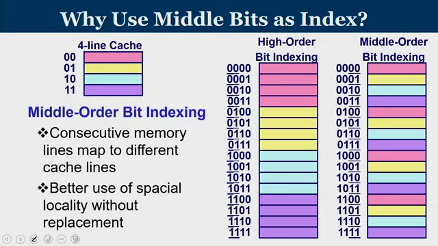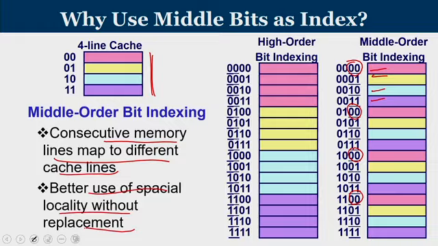If these 2 bits are used, the blocks that get mapped into the same location are not adjacent. Consecutive memory lines are mapped into different cache lines. This is a better use of spatial locality without replacement. In the higher order case we have a lot of replacements, whereas here such replacement does not happen as we move to adjacent locations.